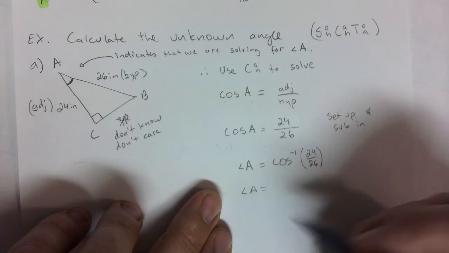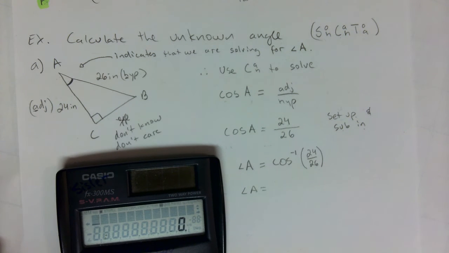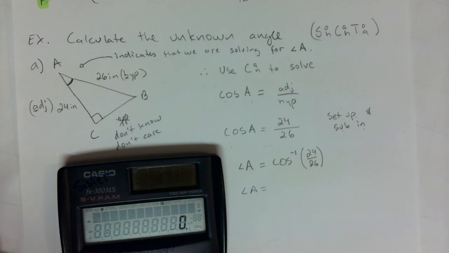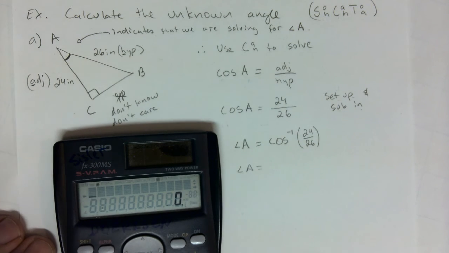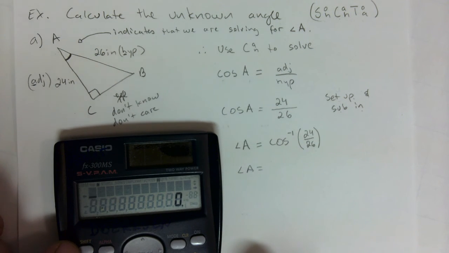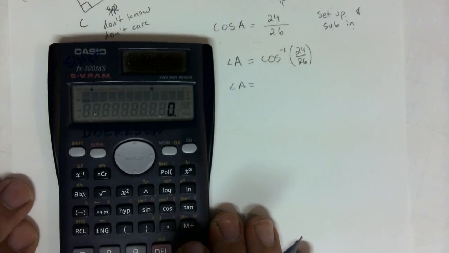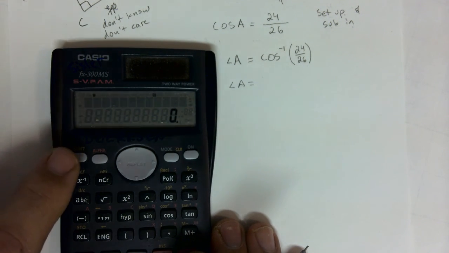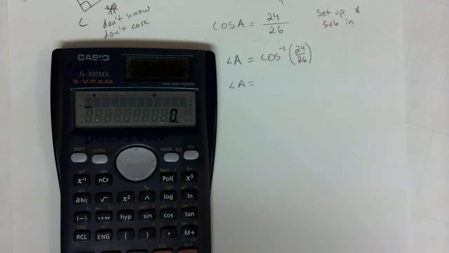Okay, are you ready? Your calculator needs to be up and going. Are you paying attention? Wake up. I need to press shift. You might have a second button or something like that, second F or shift.